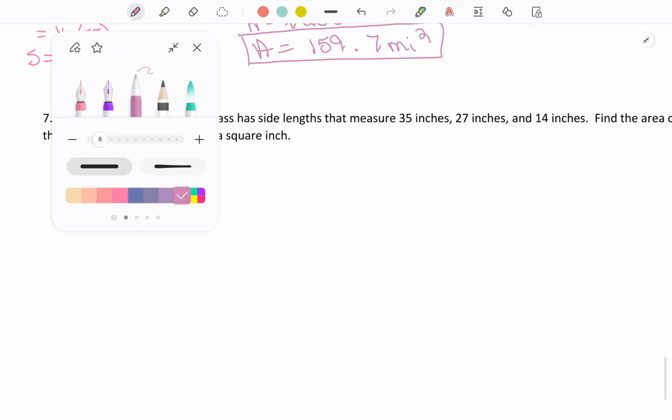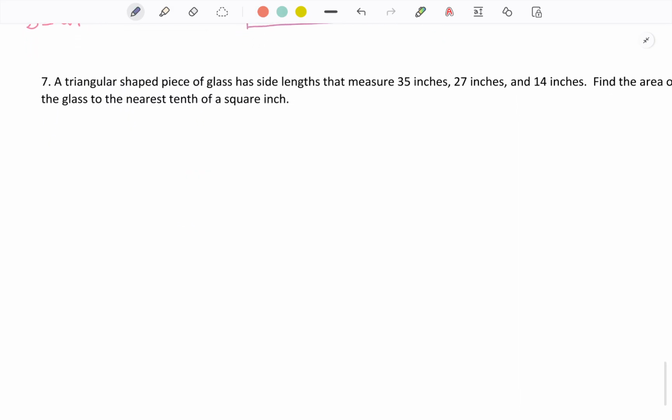So on number 7, we have a triangular shaped piece of glass, has side lengths that measure 35 inches, 27 inches, and 14 inches. So we need to find the area of the glass to the nearest tenth of a square inch. So if you notice, we are just given side lengths here. We're not given anything as a height. We don't even know what kind of triangle it is.